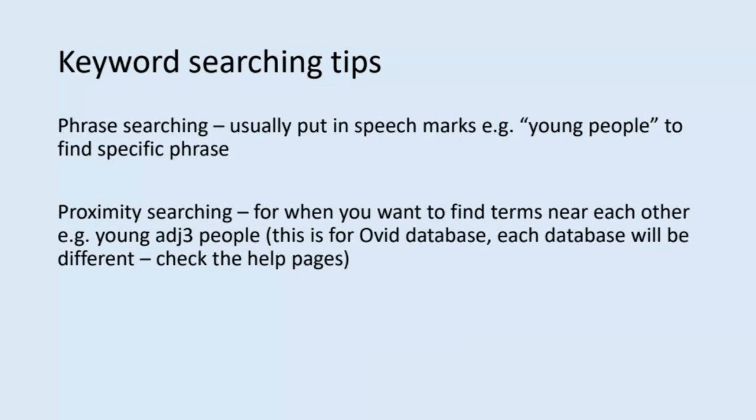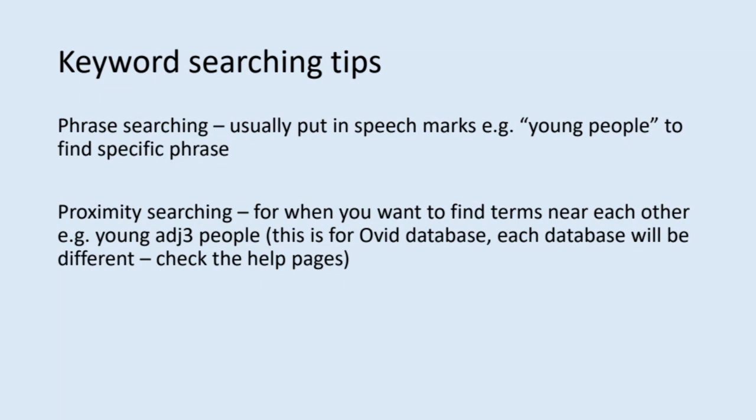Similarly, we have proximity searching, which I did mention earlier in the chat briefly in response to a question. Proximity searching is a type of operator that you can use in many different databases when you want to find terms appearing near to each other in the language that the author has used. So for example here, young ADJ3 people, that's adjacent in 3, is a proximity search.